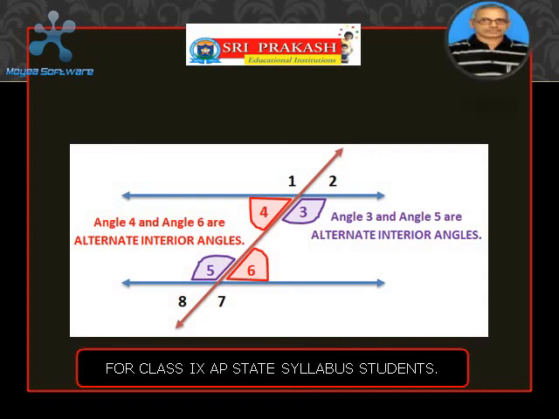So 4 and 6, and 3 and 5 are called alternate interior angles.